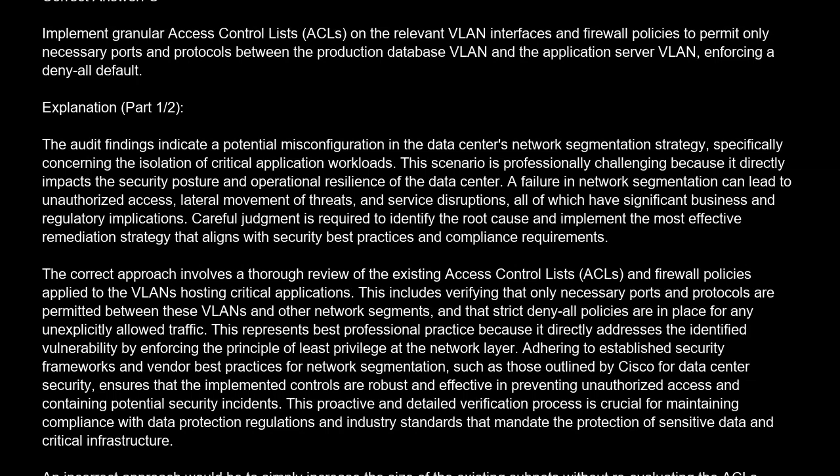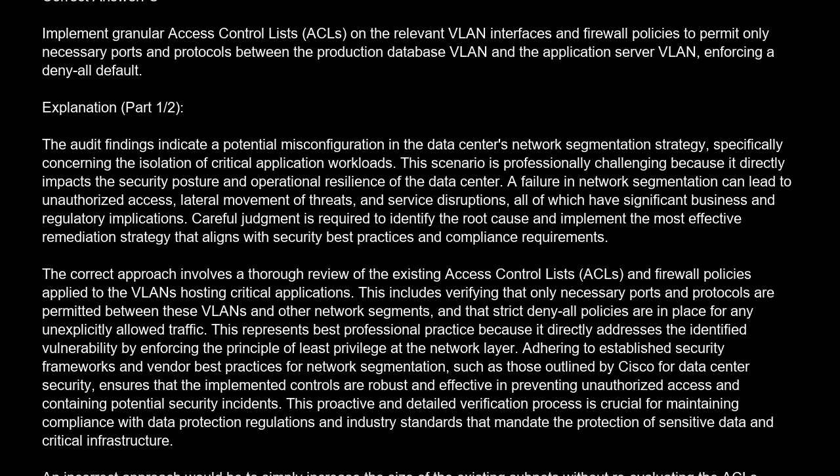Correct answer is C. Implement granular Access Control Lists (ACLs) on the relevant VLAN interfaces and firewall policies to permit only necessary ports and protocols between the production database VLAN and the application server VLAN, enforcing a deny-all default. Explanation. The audit findings indicate a potential misconfiguration in the data center's network segmentation strategy, specifically concerning the isolation of critical application workloads.